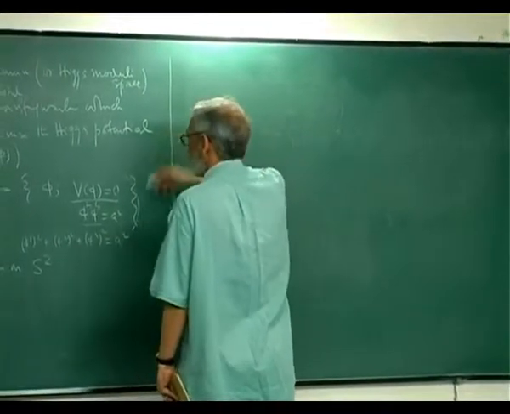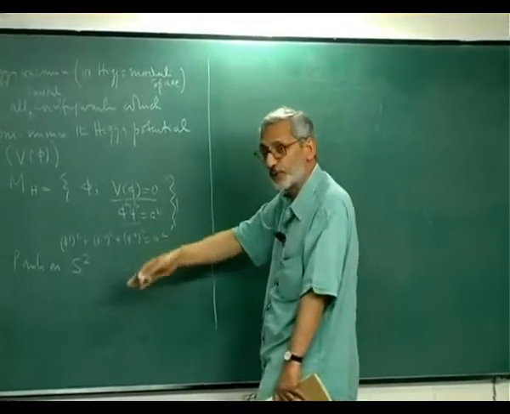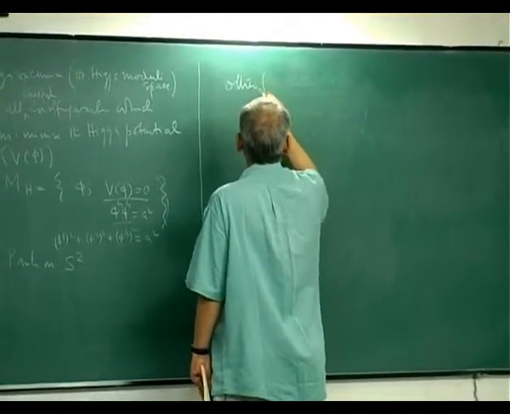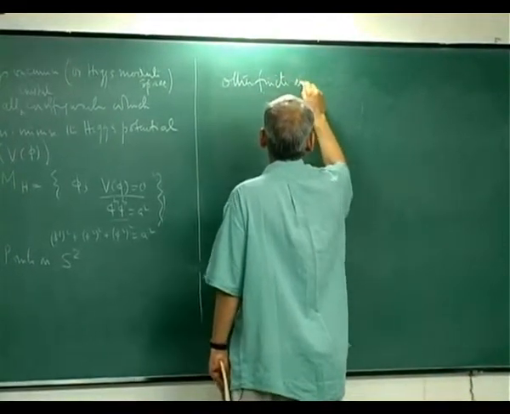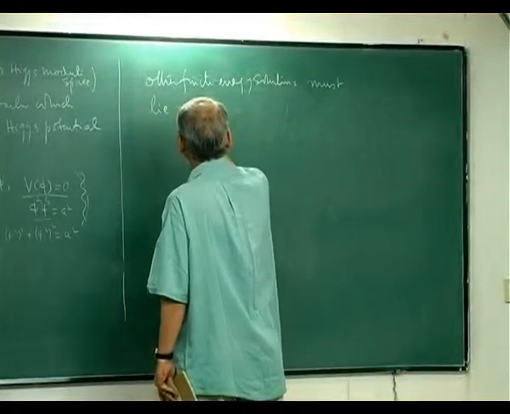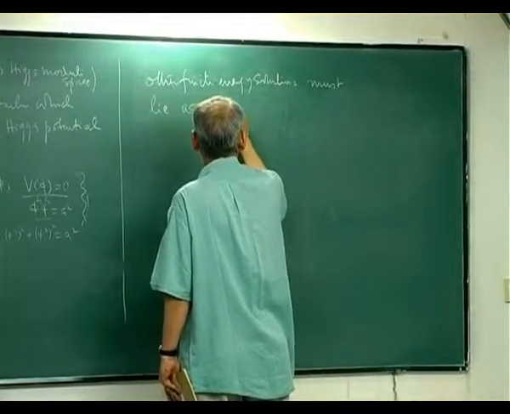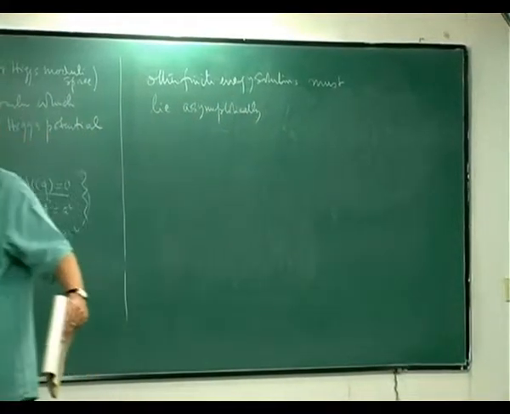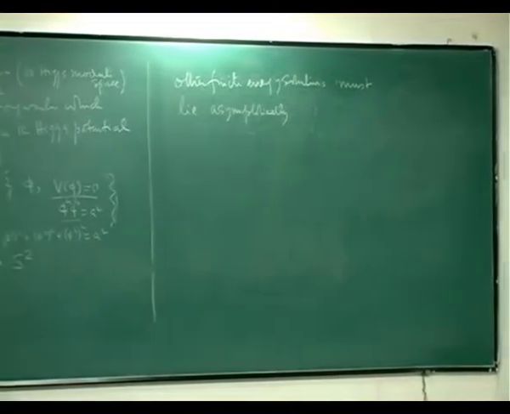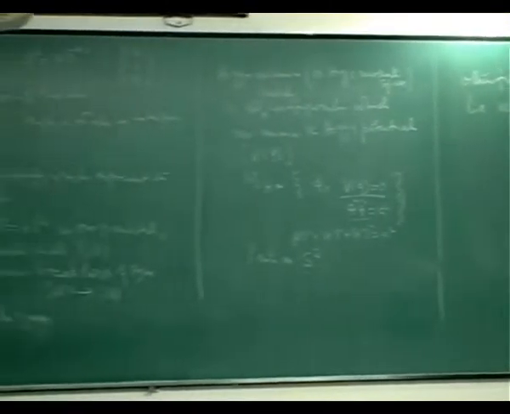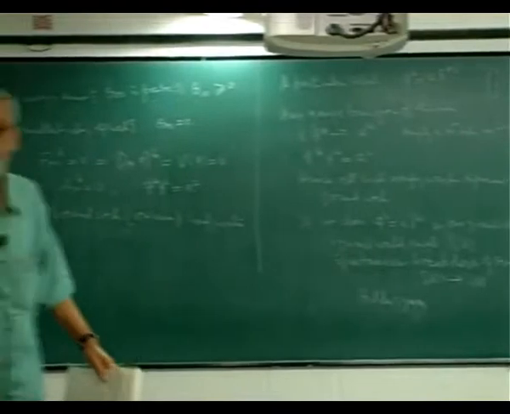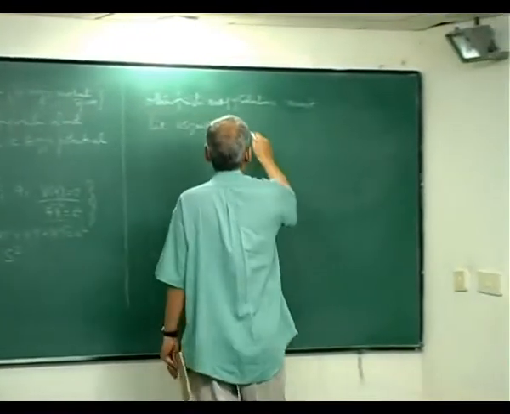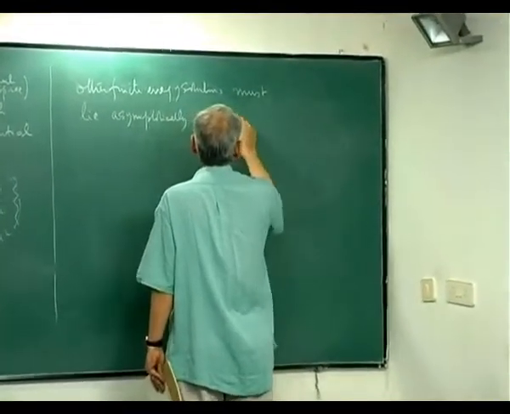In addition to this particular finite energy solution, which has energy 0, we are interested in finding other finite energy solutions, finite energy asymptotically, which means for large x, at the boundary of the space, they must asymptotically lie in the Higgs moduli space.